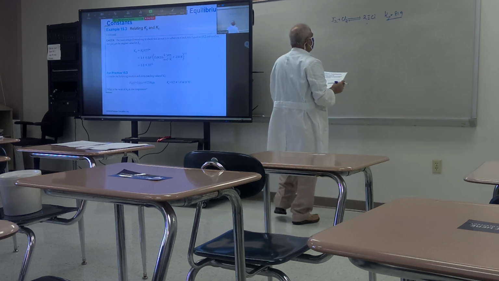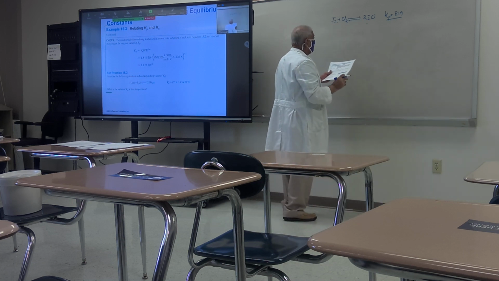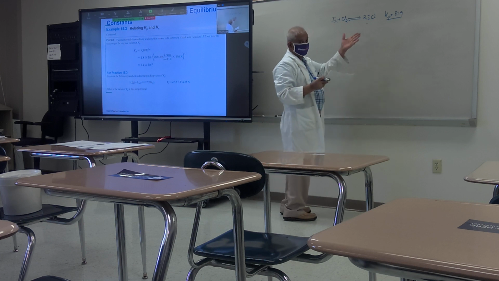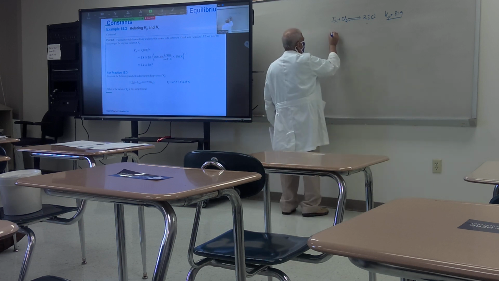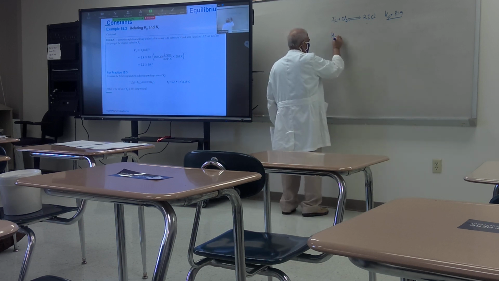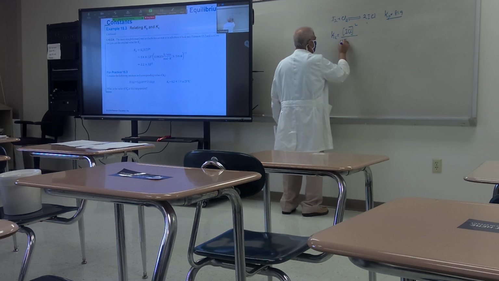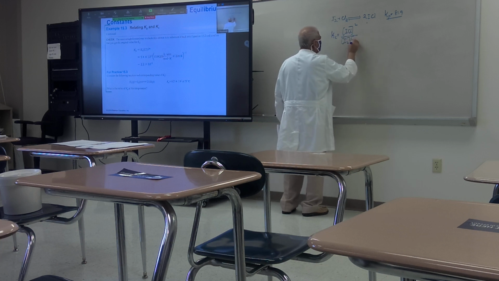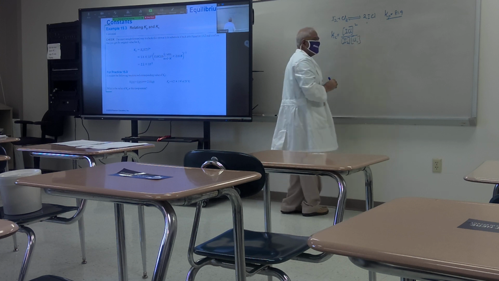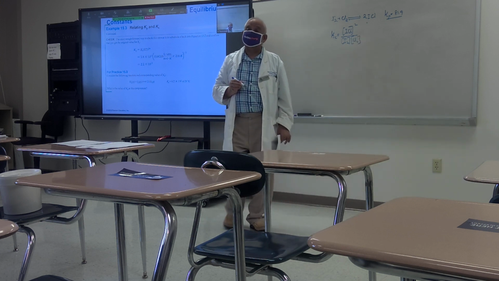In order to calculate the equilibrium partial pressures, this is how you are going to write it. Kc equals the concentration of ICl to the power of 2 divided by the concentration of iodine times the concentration of Cl2. This is the equilibrium constant expression for Kc.